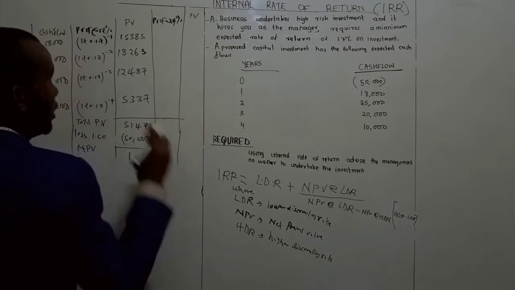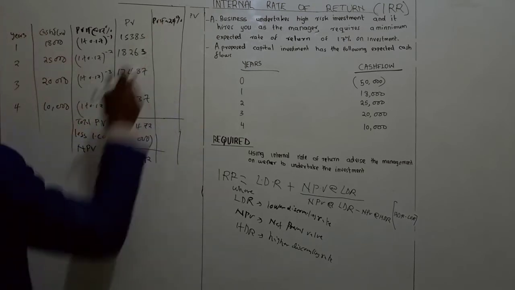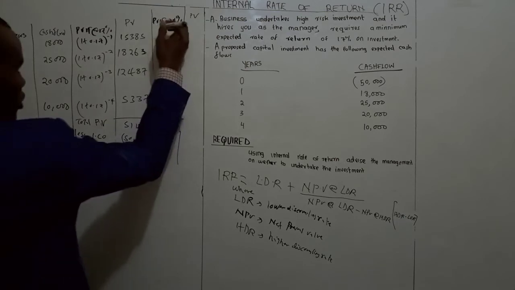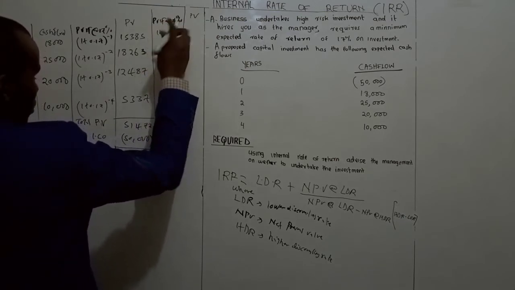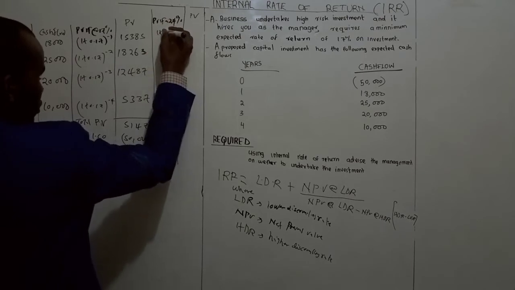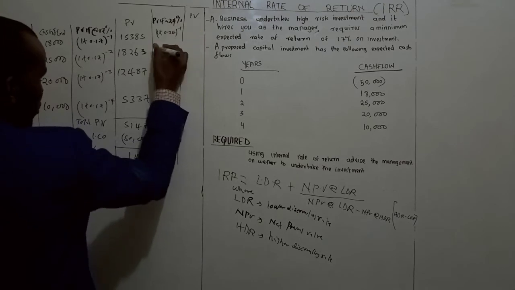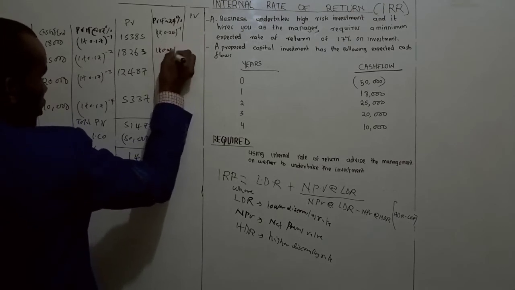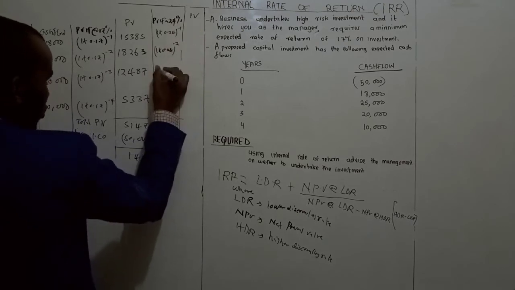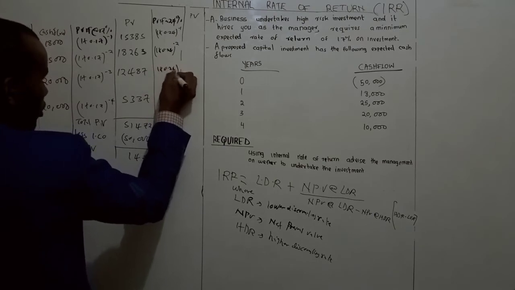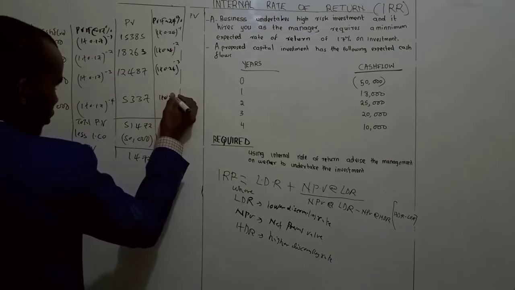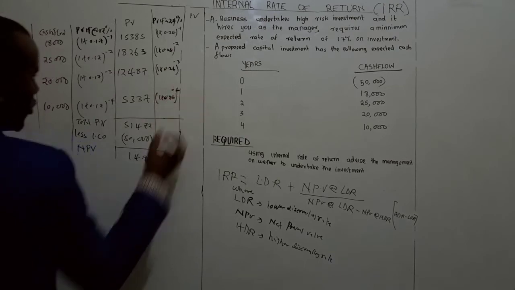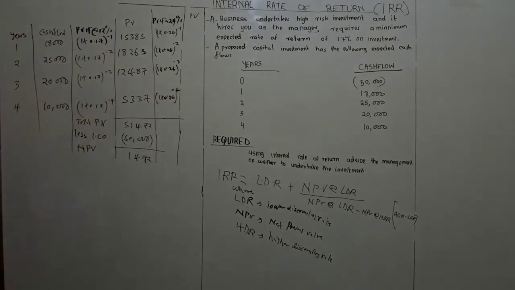Now, let's find out at 24%. So here we'll have 1 plus 0.24 raised to negative 1, 1 plus 0.24 raised to negative 2, raised to negative 3, and raised to negative 4, just the way we did the other rate.